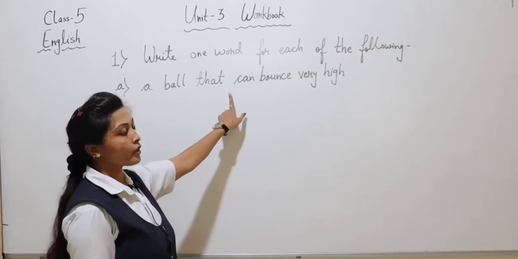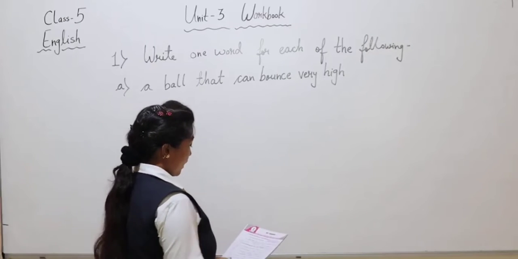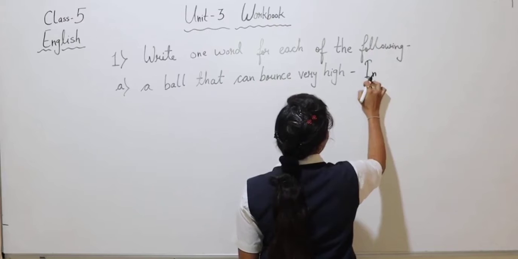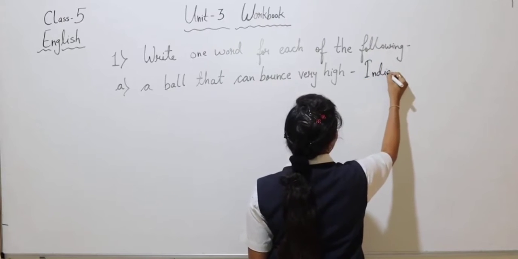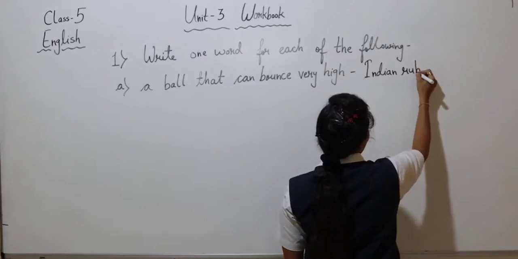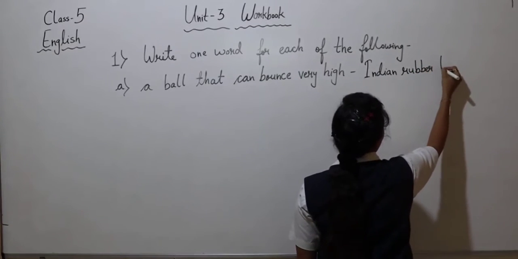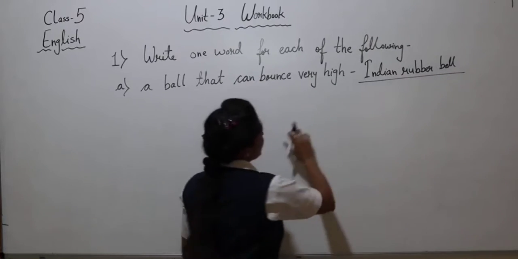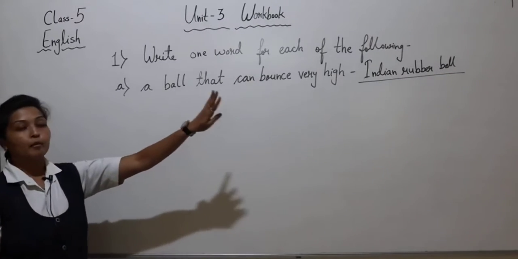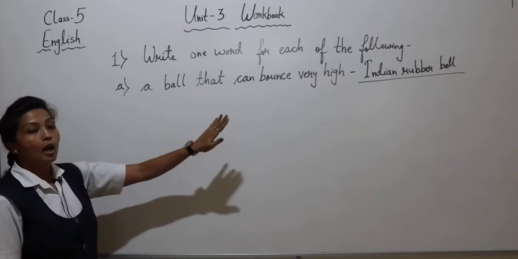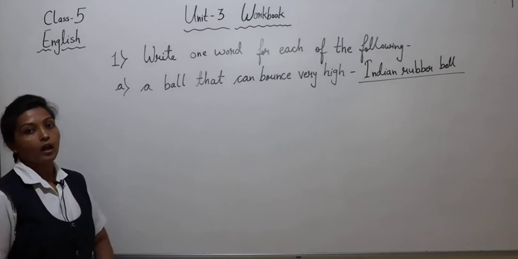So one word for this thing is Indian rubber ball. So Indian rubber ball means a ball that can bounce very high.